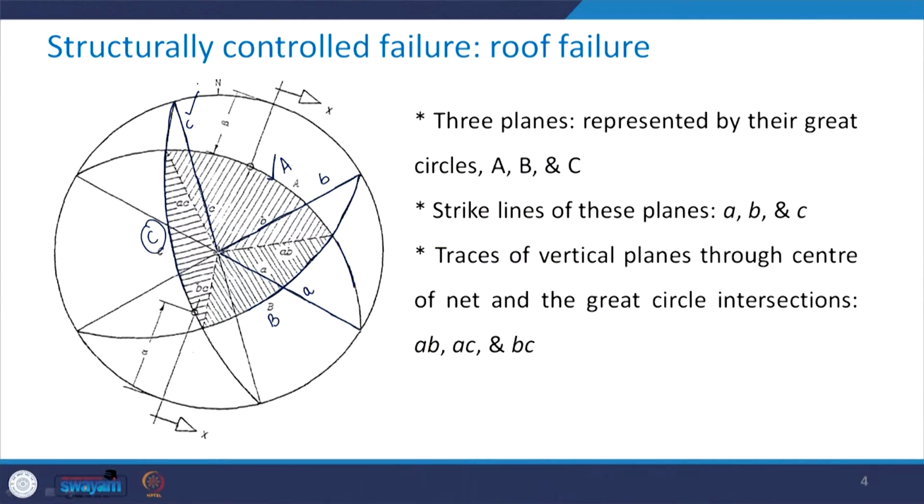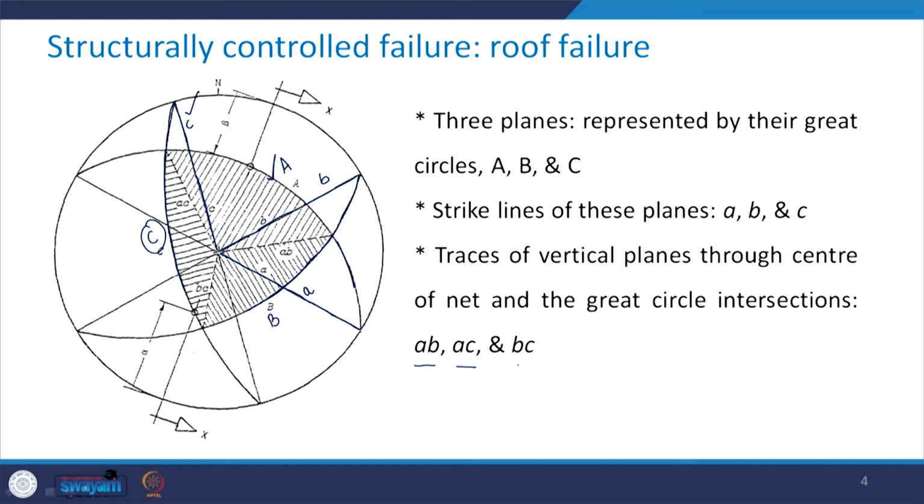Now, the traces of vertical planes through the center of the net and the great circle intersections are represented by AB, AC and BC. How? Look here, this is the great circle A, this is the great circle B. Wherever it intersects, that is this point, we join it with the center, and this we are calling AB.